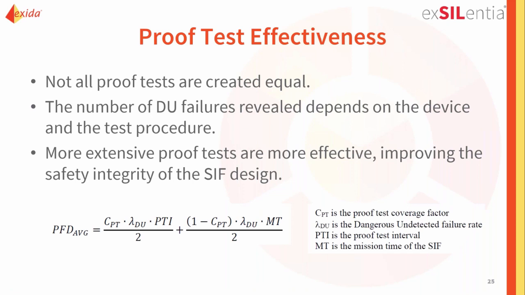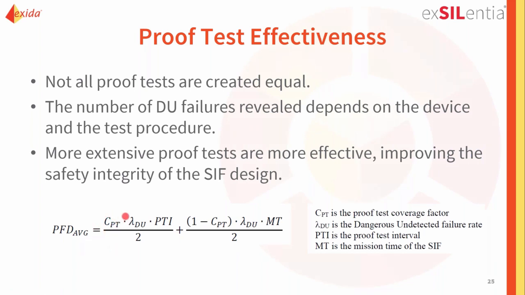So that same simplified equation that I showed earlier, dangerous undetected failure rate times the proof test interval divided by 2 in order to calculate the average probability of failure in the month, we can extend that equation and include proof test coverage in it, or proof test effectiveness.